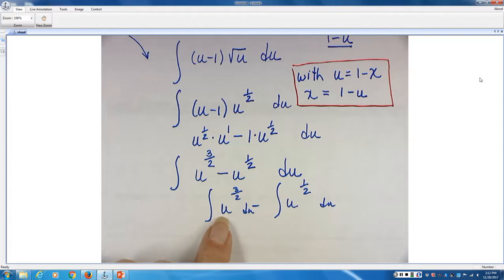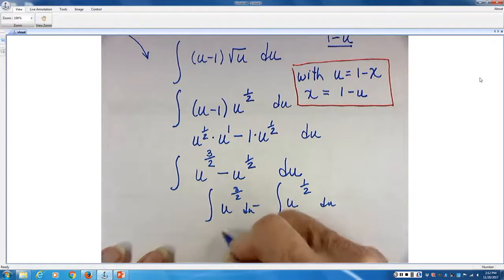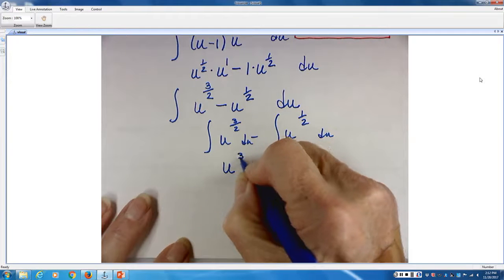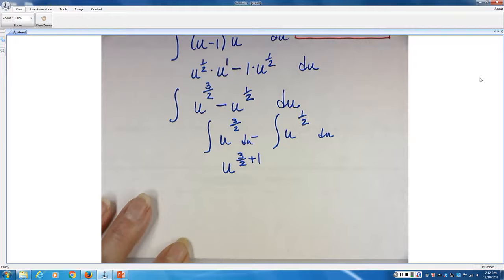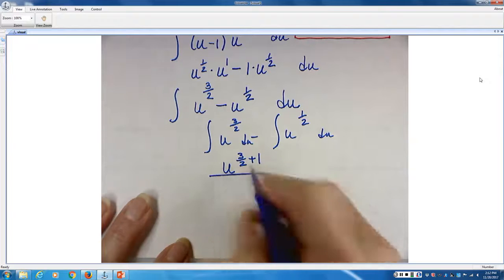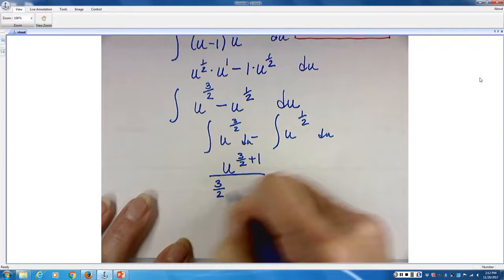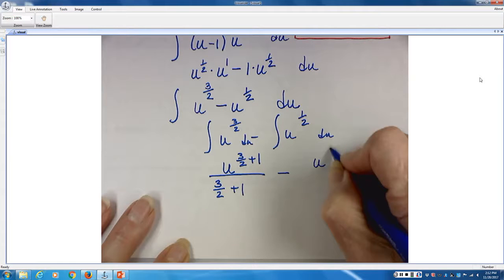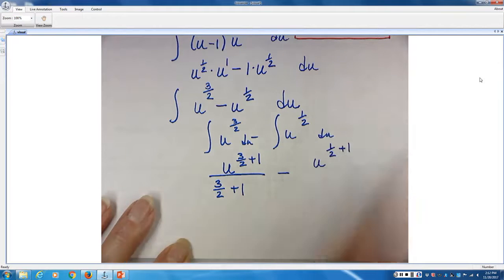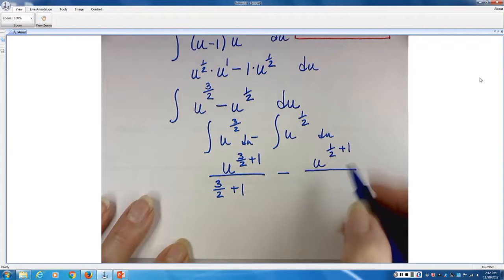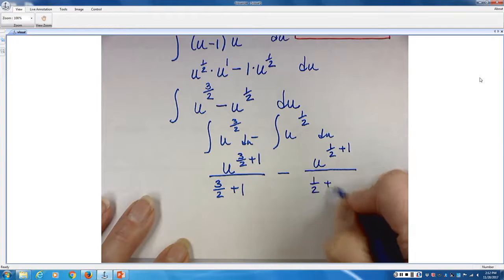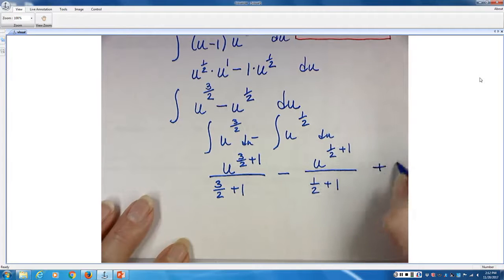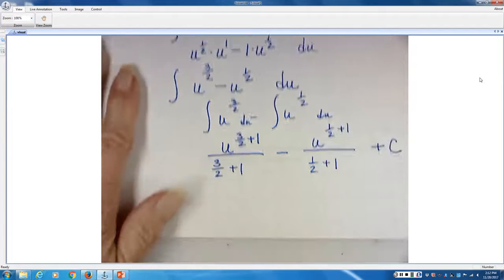But the integral of u to the 3/2 is u to the 3/2 and we add 1 to the power. And then we divide by that new power. And then we subtract, and we take u to the 1/2 and add 1 to the power and divide by that new power. And of course at the end we're going to add a constant of integration when we get finally finished.